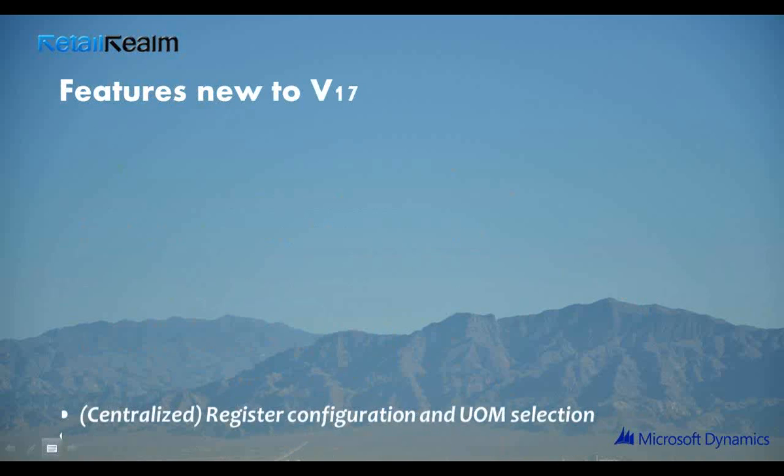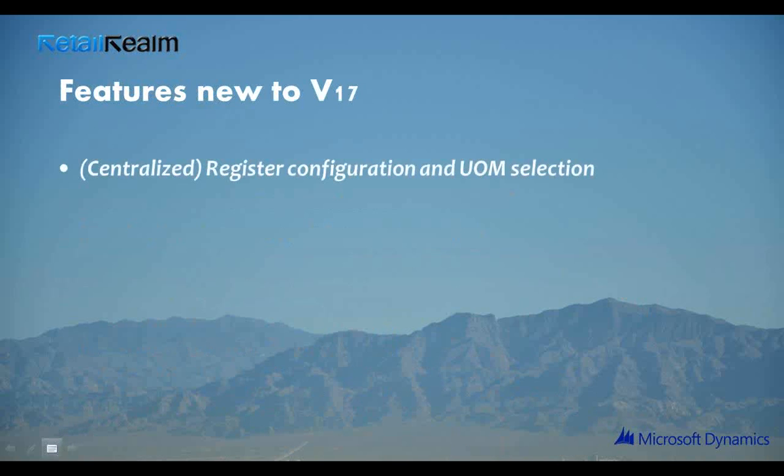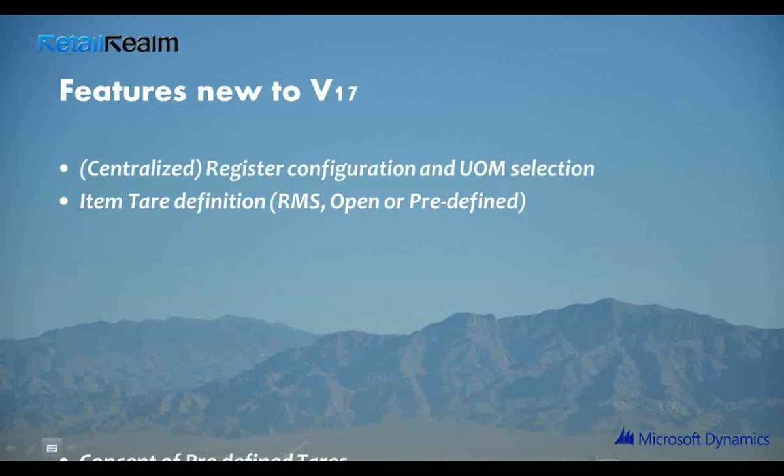And then new to 17 is this centralized configuration that I mentioned to do with the unit of measure. We've done a lot of work around tares, so we've improved the open tare that we've always had, but we've introduced things like predefined tares, which allow you to hit buttons to engage preset tare values.